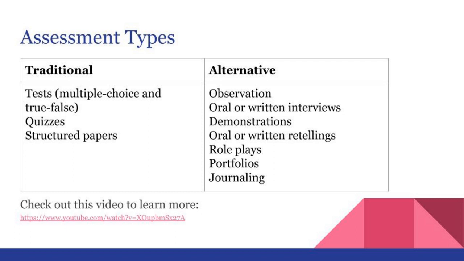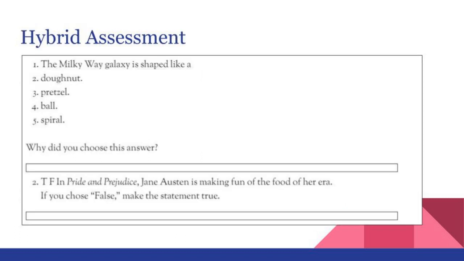The biggest challenge of alternative assessment measures is the amount of time and work that is required to plan, conduct, and assess the students. That's why a hybrid strategy, that is, using the merits of both measures, is recommended. For example, traditional multiple choice questions could be adapted by asking students to explain the thought processes behind their choices.